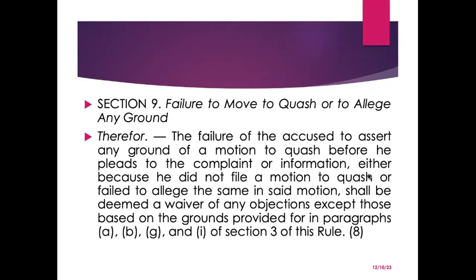So dapat kung mo-raise kag motion to quash, it has to be those that are provided for in Rule 117. Kung wala gani diha, your paper is deemed to be a prohibited motion, a mere prohibited motion. Okay?